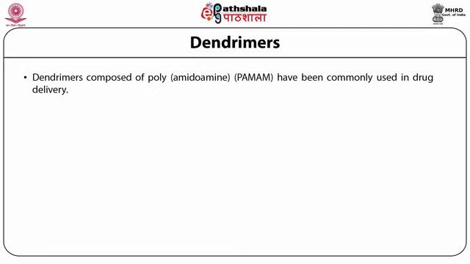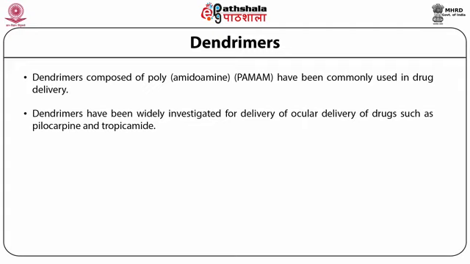Dendrimers composed of polyamidoamine, that is PAMAM, have been commonly used in drug delivery as they offer high surface density functional groups like carboxylate, amine, and hydroxyl, making them suitable for conjugation of targeting ligands along with improving the solubility of a number of drugs. Dendrimers have been widely investigated for the delivery of ocular drugs such as pilocarpine and tropicamide.